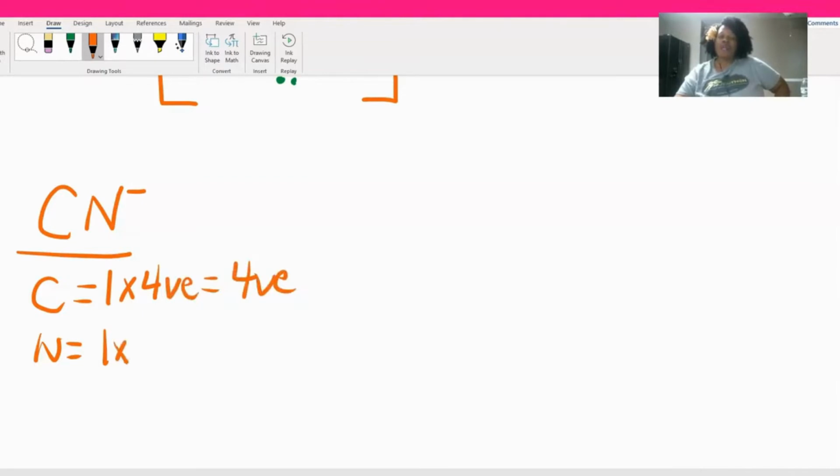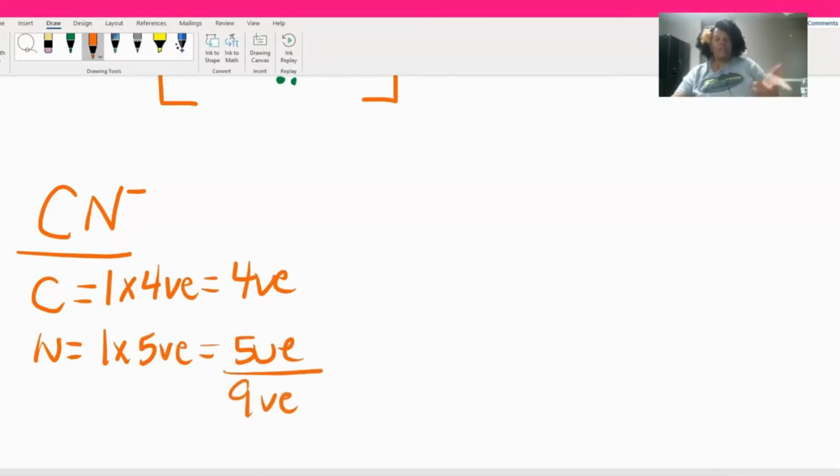Nitrogen is in group 15, so it's going to contribute 5 valence electrons. Now remember, when you add them up, you get that odd number. What do we say about odd numbers? You don't want them. They always got to be even. So guess where we're going to get that extra number from? You get it from that negative charge up here that's attached to that cyanide structure.